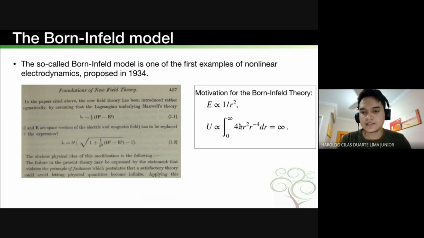So this essentially says that the self-energy of a point charge is infinite in Maxwell's electrodynamics. Motivated by this, Born and Infeld introduced this Lagrangian 1.2 in order to avoid such quantities becoming infinite.